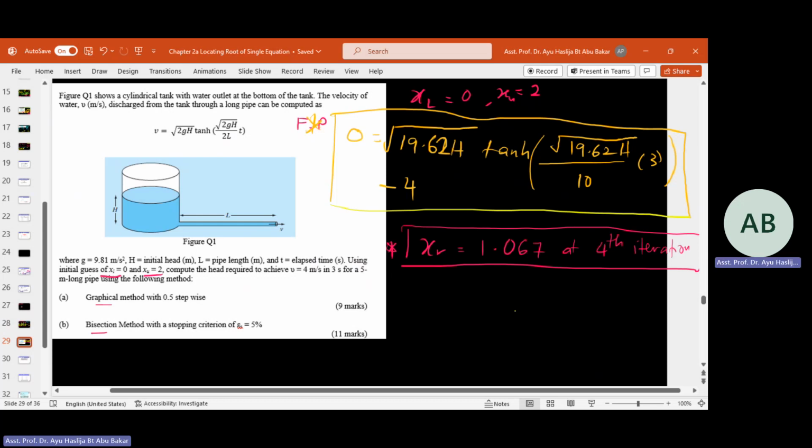Stopping criterion also 5%. So you can stop your iteration when you get EA lesser than 5%.